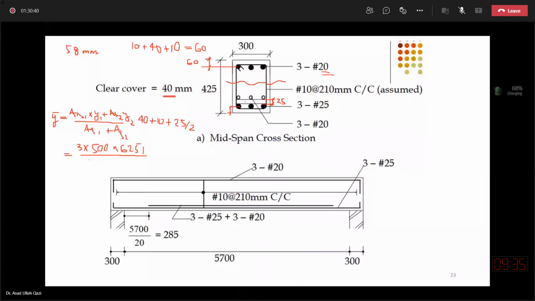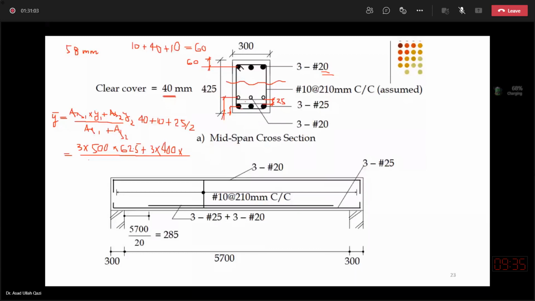into 400. Please check ये जो number 20 का standard SI bars का क्या है area, and its distance from center will be 40 plus 10 plus 25 plus 25 plus half of 20.